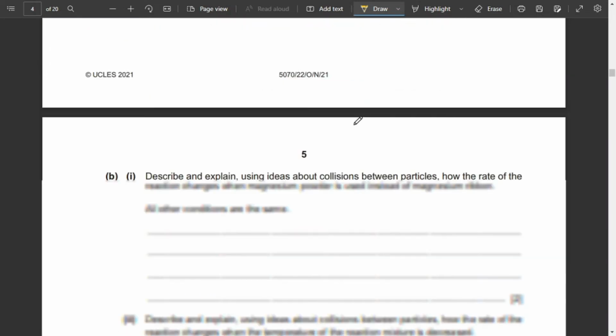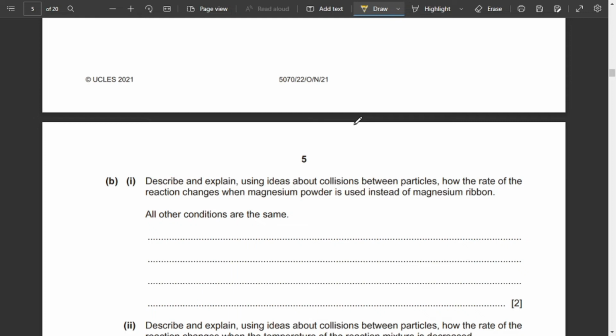Moving on to part B1. Describe and explain using ideas about collision between particles how the rate of reaction changes when magnesium powder is used instead of magnesium ribbon. All other conditions are the same. Basically, here we need to explain in terms of collision between particles. The rate of reaction will increase because more particles are exposed, so there will be greater successful collisions.